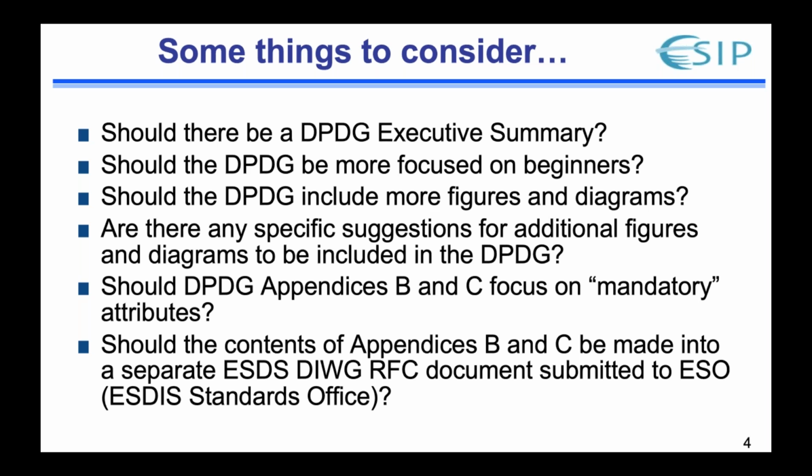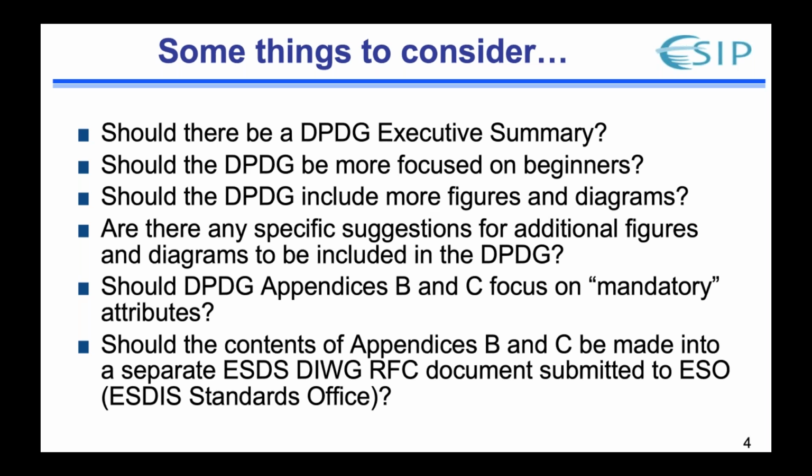Second bullet, should this data product developer's guide be more focused on beginners? It's kind of uneven. Parts of it are suitable for beginners. Some parts of it are kind of advanced, and beginners may struggle trying to figure out what's going on.